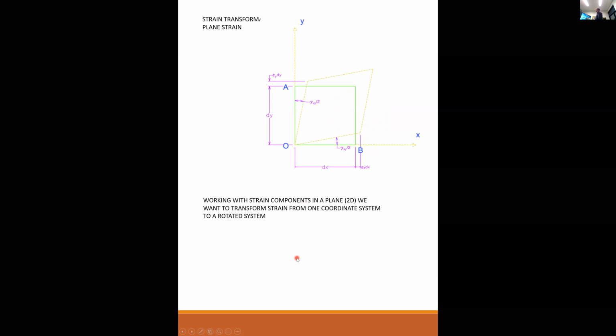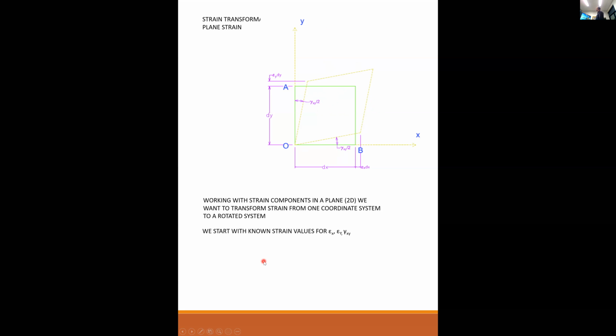Working with strain components in a plane, 2D, we want to transform strain from one coordinate system to a rotated coordinate system. So it's going to be similar to what we did in stress. We have an x coordinate and a y coordinate. If this thing is pulled in the x and pulled in the y at the same time, it's going to form this, what is that? A rhomboid or parallelogram, kind of a parallelogram type shape. It's going to have some shear strains that you notice here.